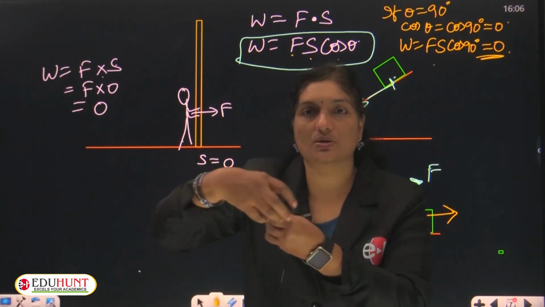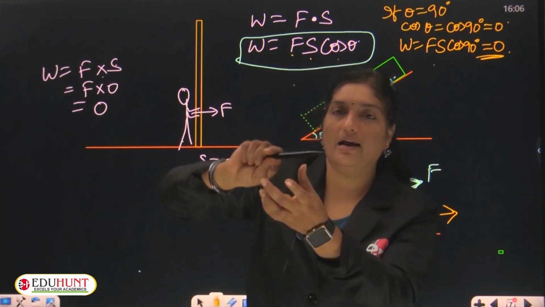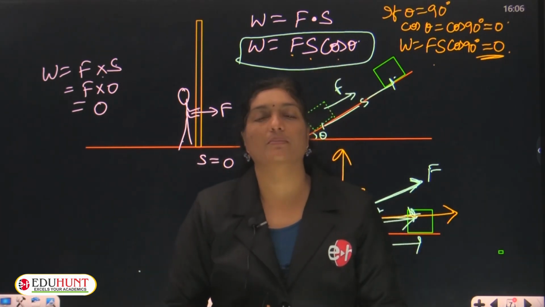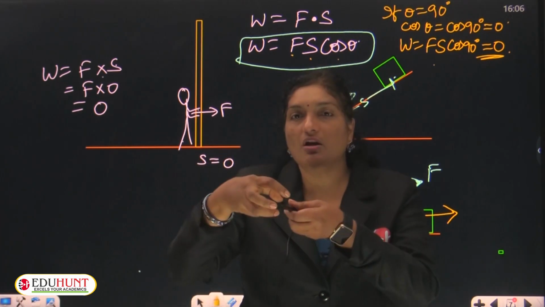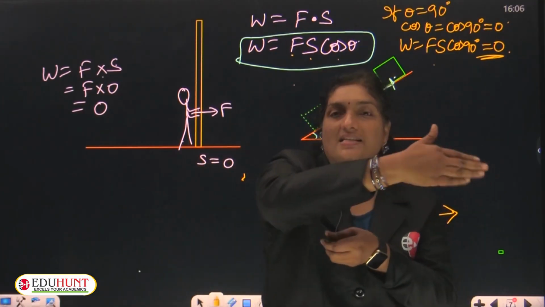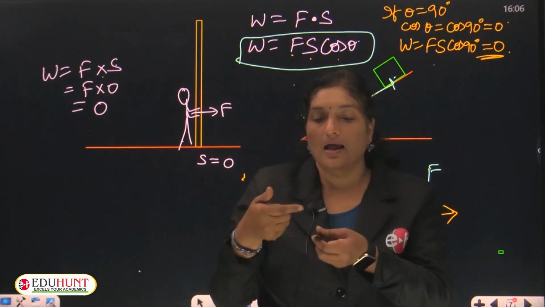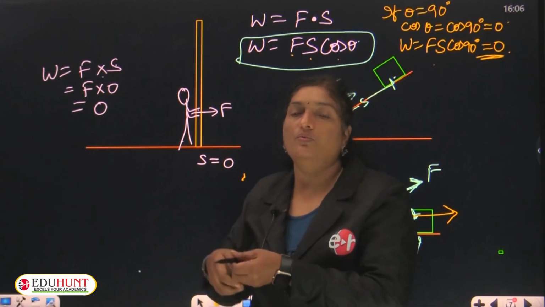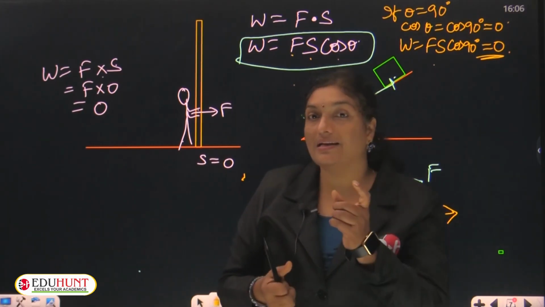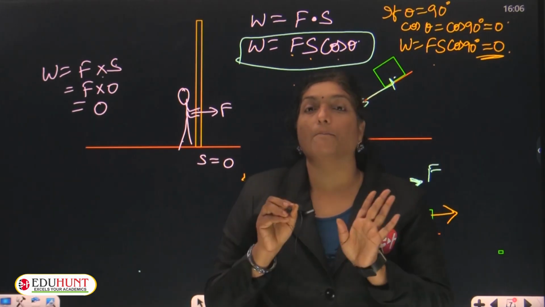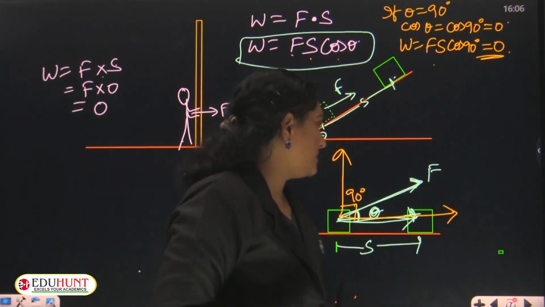A string is tied to some object over here, and with the help of the string you make it perform a circular motion. The direction of the object's motion will always be tangential to that circle, whereas the direction of the force, the centrifugal force, is towards the center. So the direction of force and the direction of the ball are perpendicular to each other.